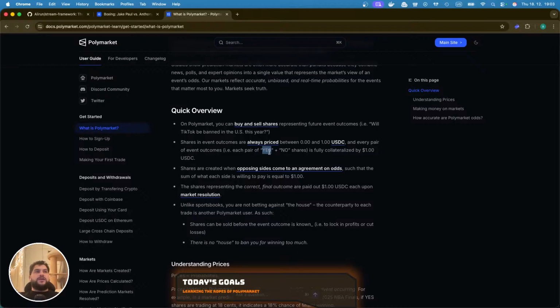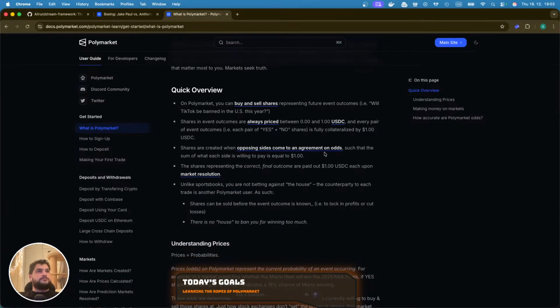Yeah, so the pair of yes and no is always fully collateralized by $1, which goes either to yes or no at the end after the resolution. Pairs are created when opposing sides come to an agreement on odds. So basically there is a primary market and secondary market for the positions. And this is interesting because we are gonna have to understand how it works.